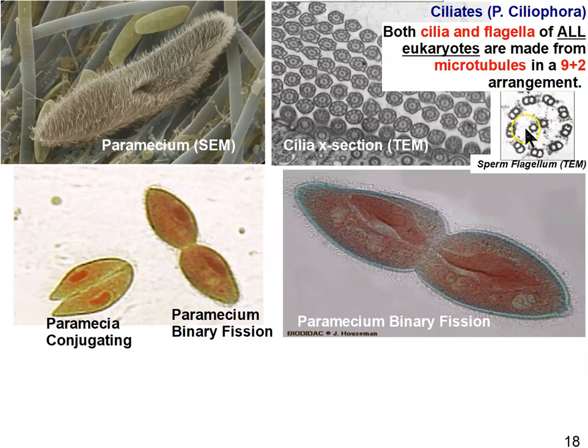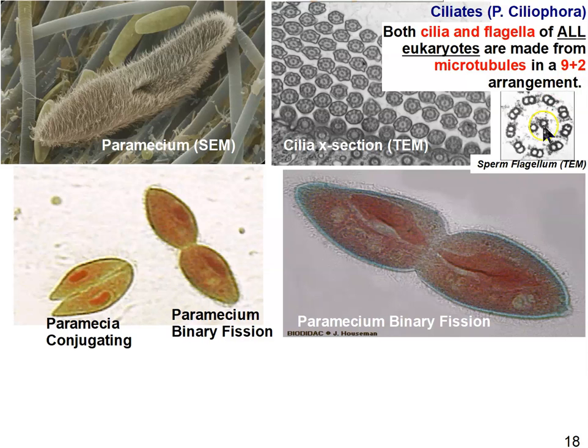If you'll recall, we were also looking at the microtubule arrangement of centrioles in animal cells, and they have a 9 times 3 arrangement, where there are 9 triplets of tubules going around the outside, and there's nothing in the middle.